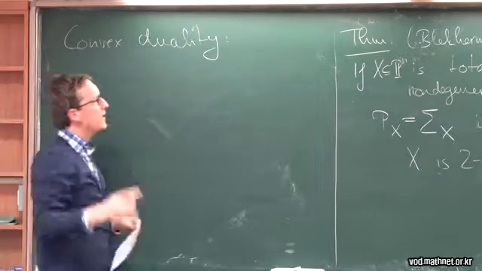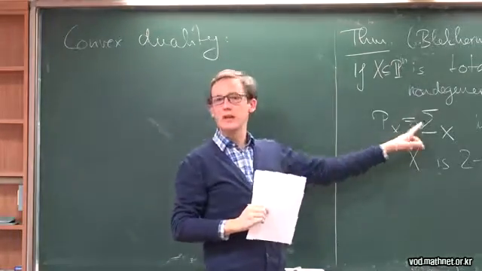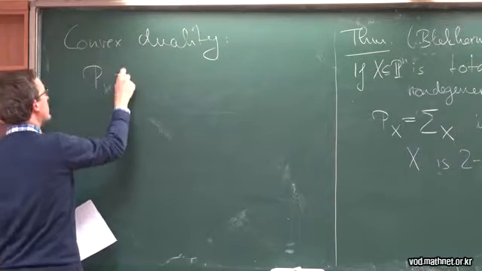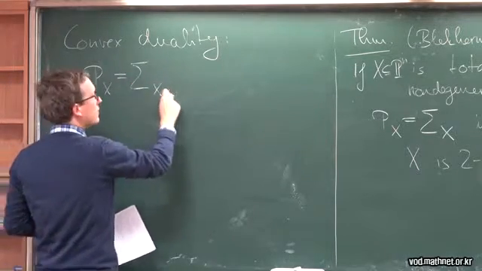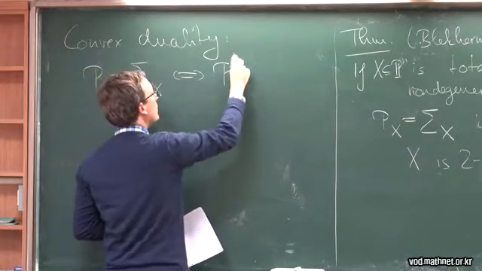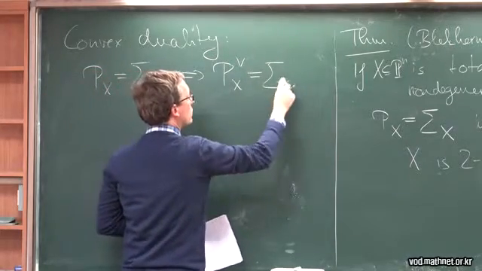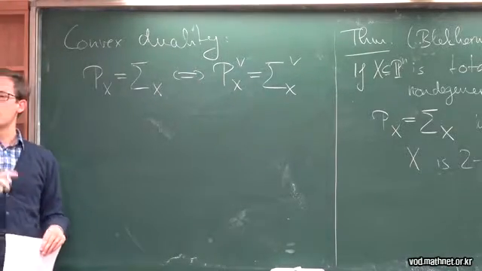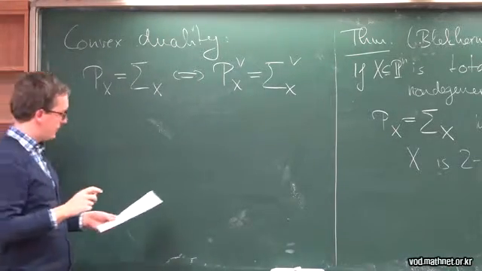So instead of looking at these cones, we look at their convex dual cones. It's a fact that is not hard to check that under these assumptions, these two cones are the same if their convex dual cones are the same.